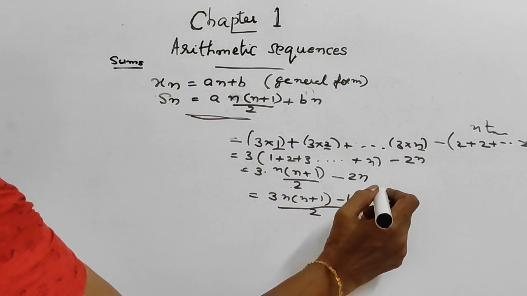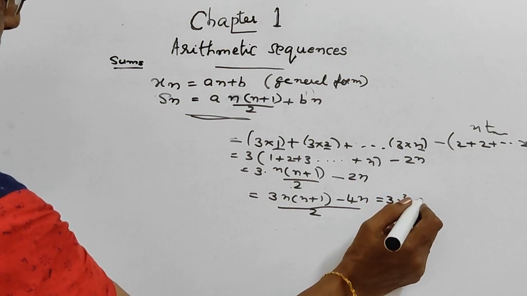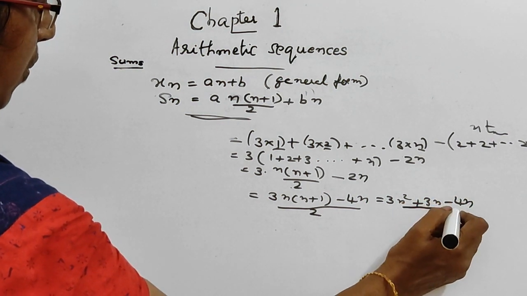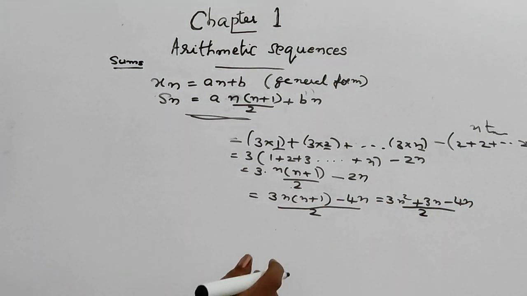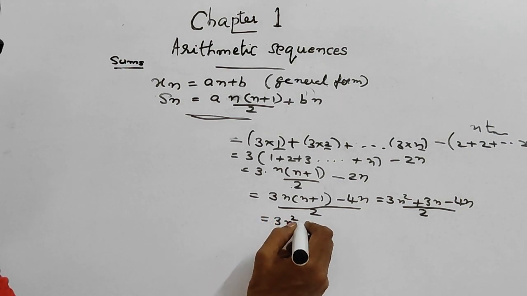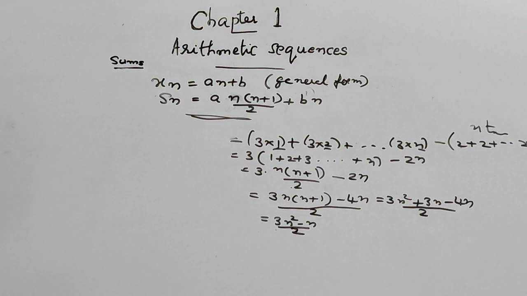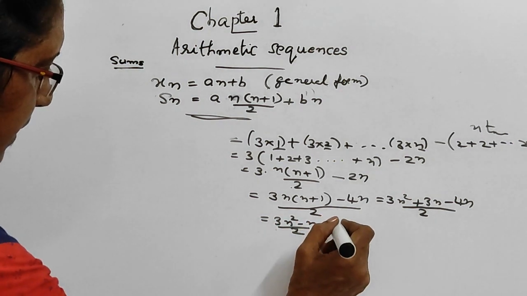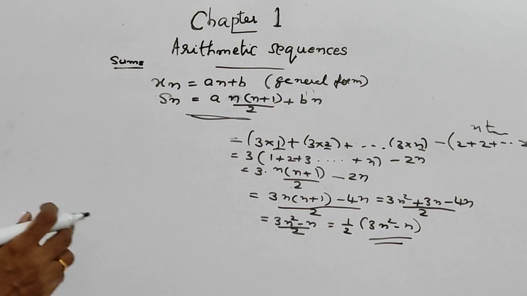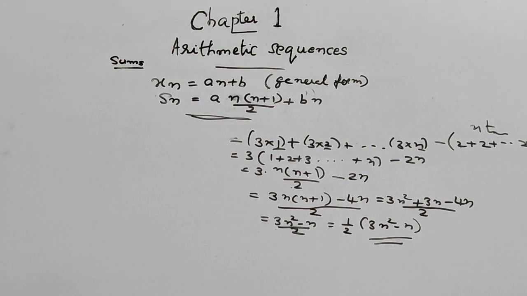Opening the bracket, 3n square plus 3n minus 4n, whole divided by 2. 3n square plus 3n minus 4n is minus n, so it is 3n square minus n by 2, or we can write half into 3n square minus n. This is the sum of n terms of this sequence 1, 4, 7. Okay, now we move on to another question.